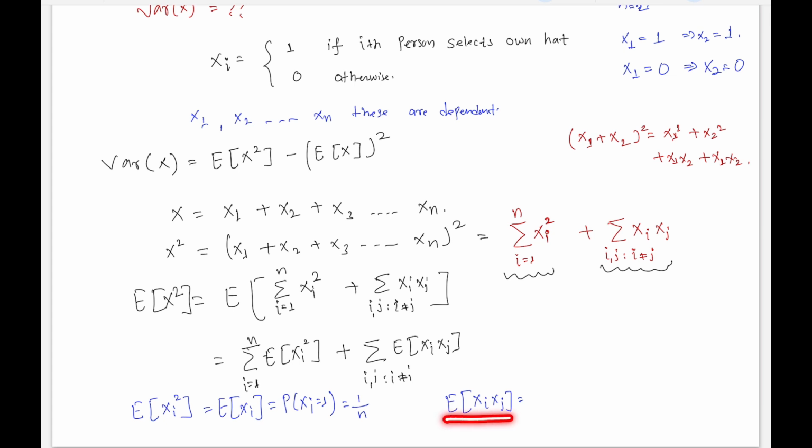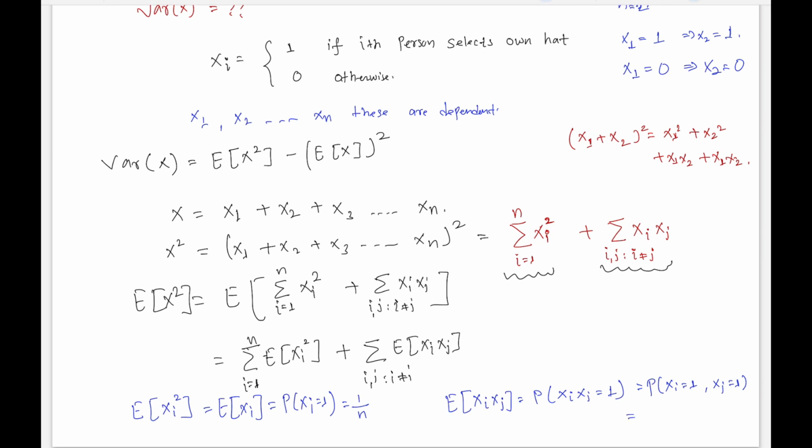So the expectation of the Bernoulli random variable would be nothing but the probability that this product, xi xj, takes the value 1, right? And if the product is 1, then both xi and xj need to have the value 1.